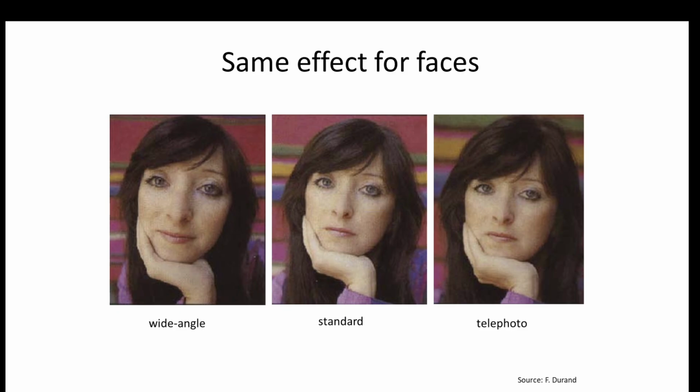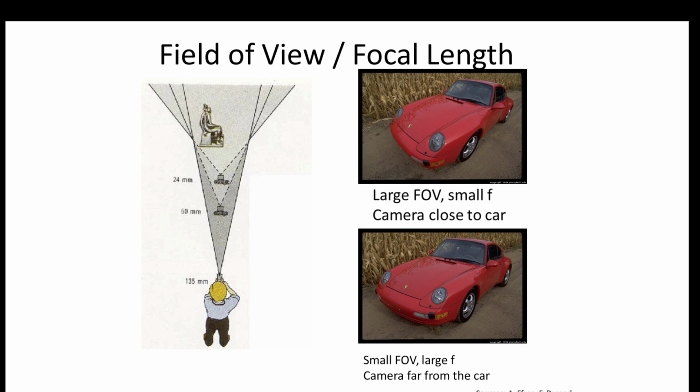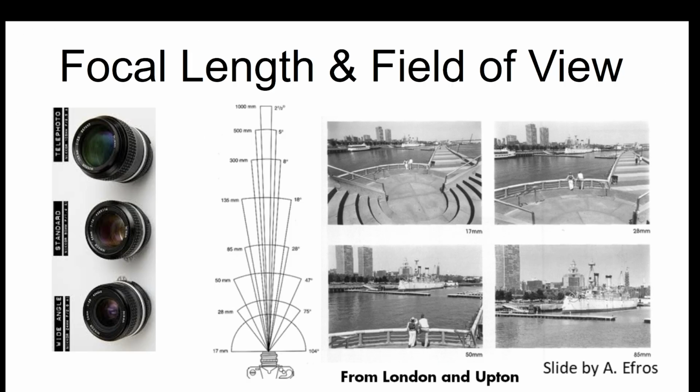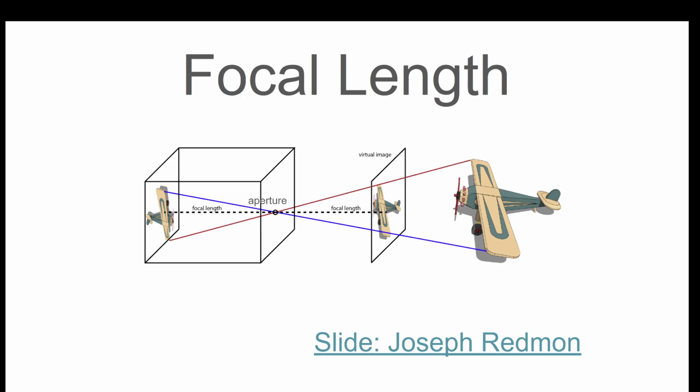So if you want to make somebody look skinny, shoot them with a telephoto, right? If you want to make them look a little bigger, shoot them with a wide angle. And that makes sense, right? With a wide angle lens, something like 15 or 17 millimeters here, the focal length is a lot shorter and the view wider.